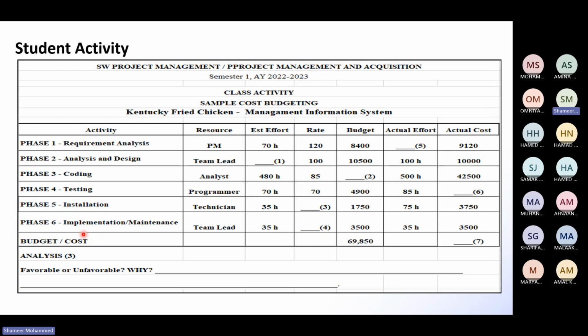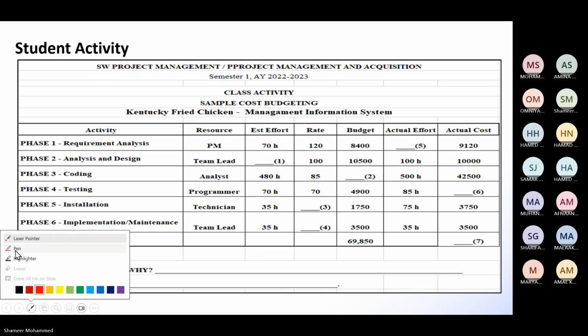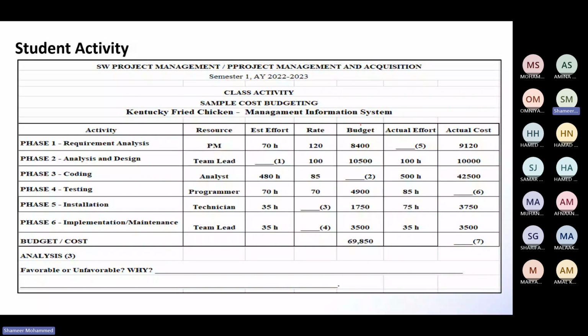See here, you need to find these values. Number 1, number 2, number 3, number 4, number 5, number 6, number 7. So the formula, I told you the formula. To get this budget, you need to multiply this and this. Then it will give you this one.